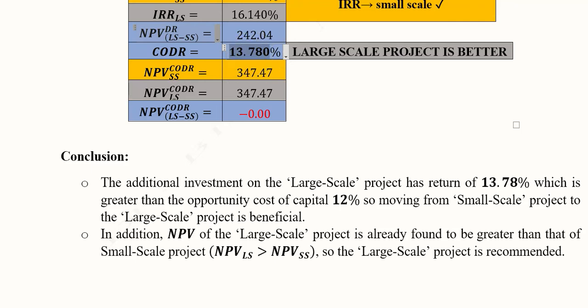So it is 13.78%. It means that the alternative will give us 12% if we use the capital in the alternative, whereas if we undertake the large scale project, it is going to give us 13.78% return on the additional net benefits as compared to the small scale project, because we take the difference of the two, large scale minus small scale.